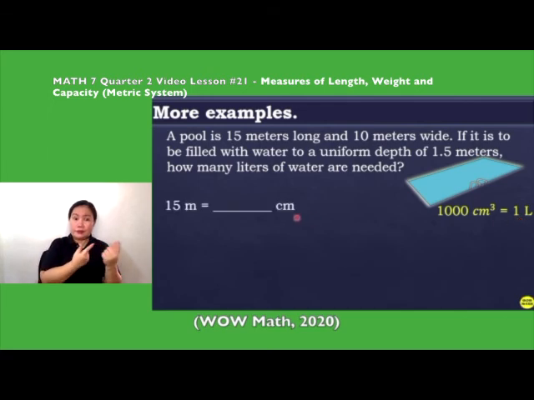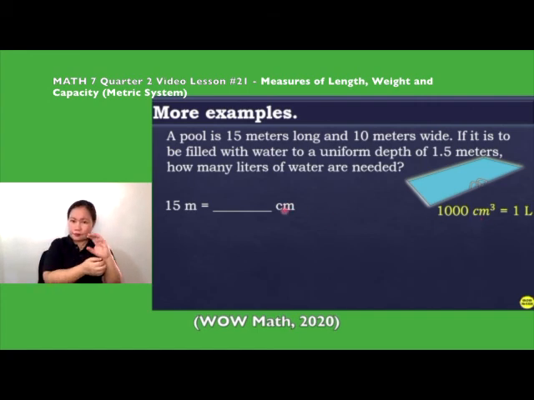Okay? So, ang una natin gagawin, since naka-meters itong 3, ayan, naka-meter siya, gagawin muna natin siyang centimeters. Bakit centimeters? Ba't hindi millimeter? Ba't hindi kilometer? Ba't hindi hectometer? Kasi po, ito ang goal natin. So, dapat magawa natin siyang cubic centimeter.